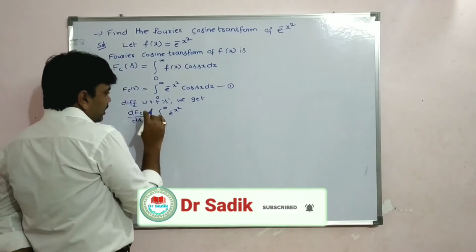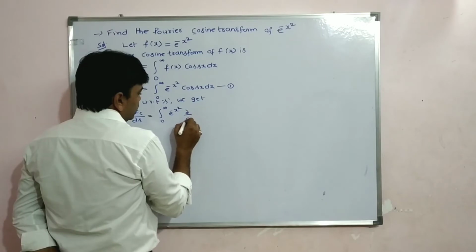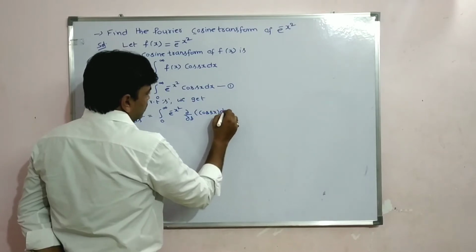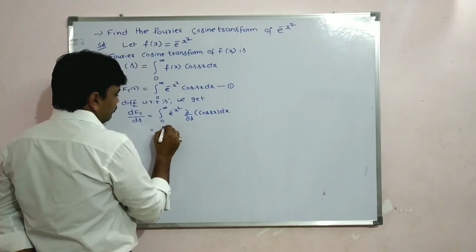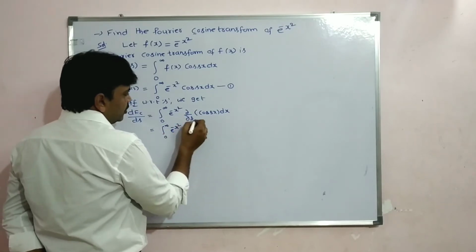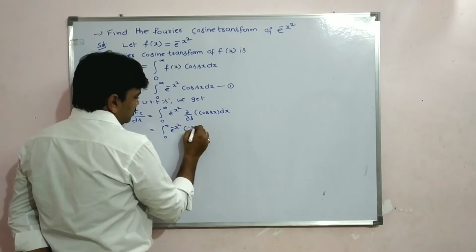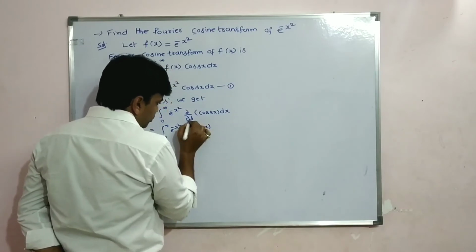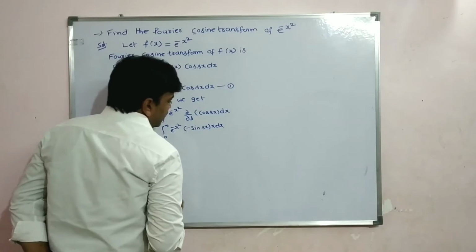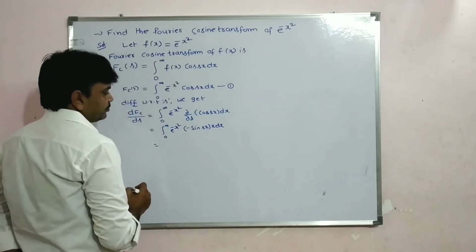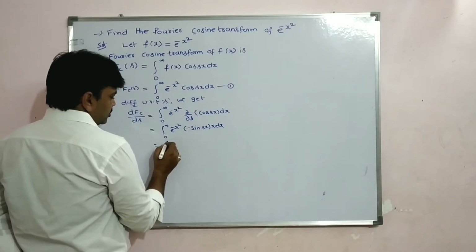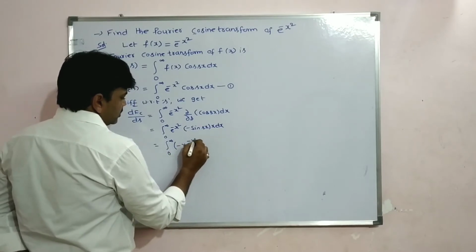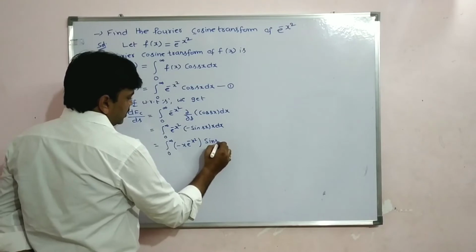Whenever we take d by ds inside the integration, it becomes dou by dou s of cos sx dx, which is equal to the integral from 0 to infinity of e power minus x square times dou by dou s of cos sx. So we get minus sin sx into x, again the derivative of sx with respect to s, dx. Rearranging the terms, the integral from 0 to infinity of minus x e power minus x square into sin sx dx.